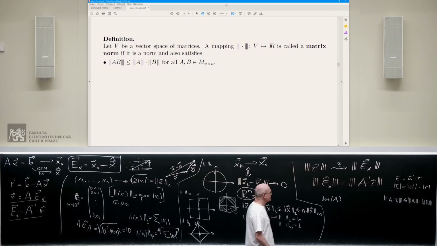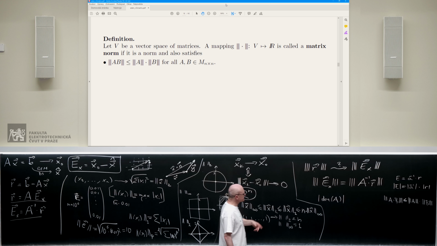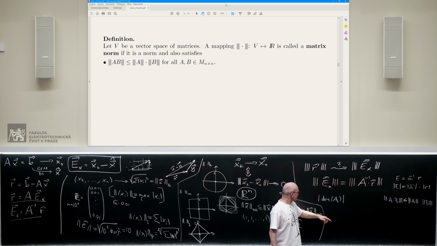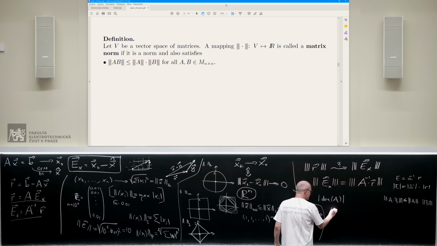And the answer is no. Why not? Because the second property said a norm of an object can be 0 only if this object itself is 0. So of course, if you take a 0 matrix, then the determinant is 0. In one direction it works, but it doesn't work in the other direction.